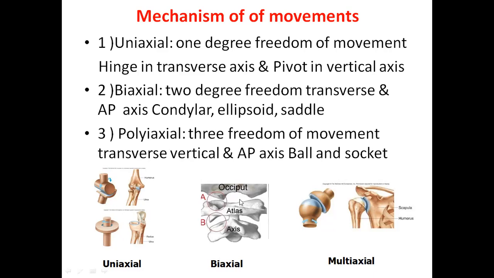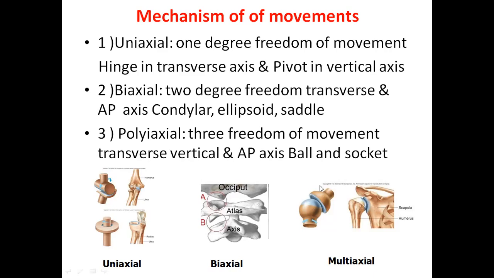Biaxial movements: condylar, ellipsoid, and saddle type of joints are present here. Two axis movements, that is the anterior posterior axis in which we perform the movements of abduction, adduction, and in transverse axis, flexion and extension. Here the two axis movements are present.